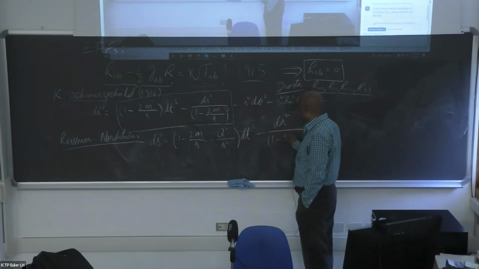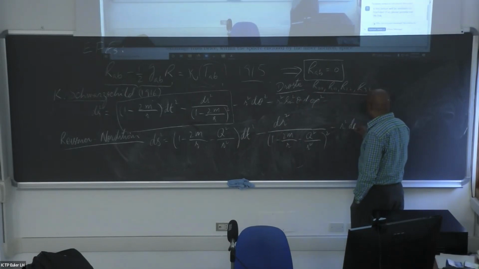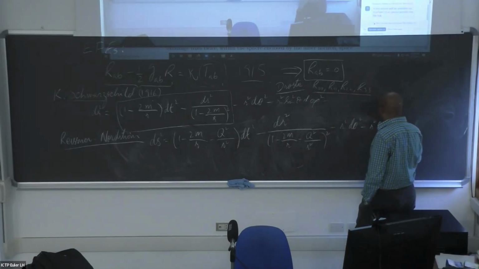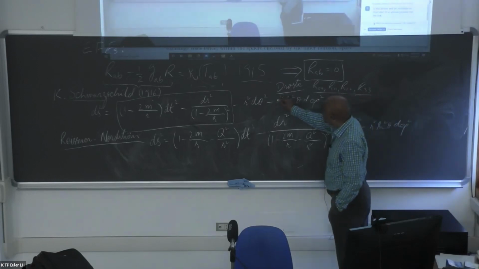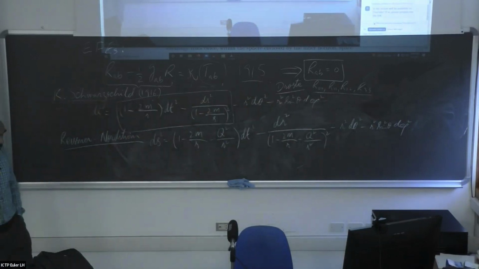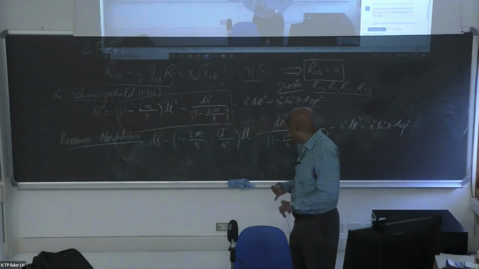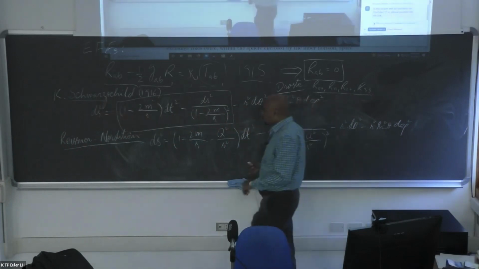The second component is the same factor, but in the denominator, minus r squared d theta squared, minus r squared sine squared theta d phi squared. So you see that this is now for an object which has mass m and charge q. So it's two parameters.